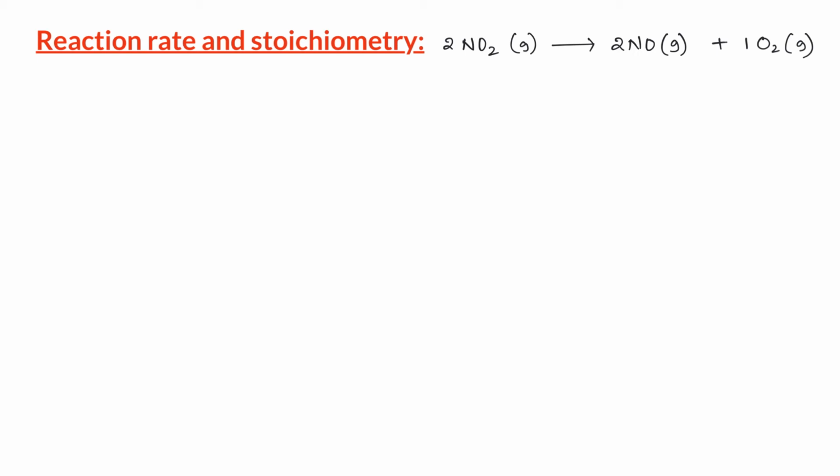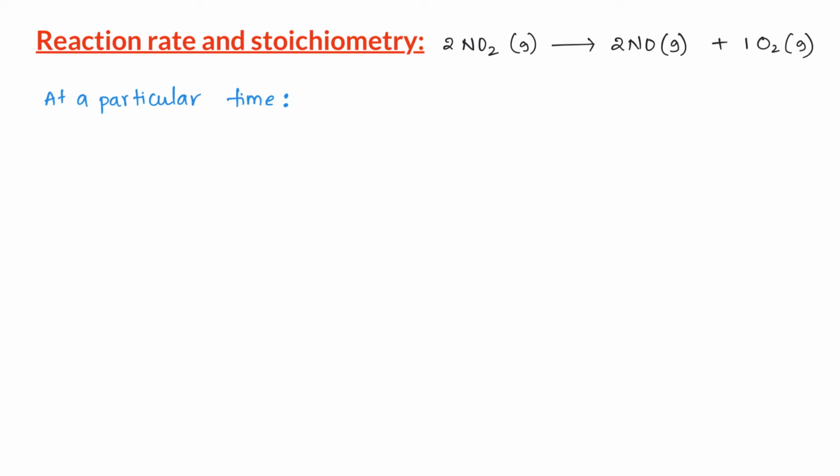According to the stoichiometry, for each 2 moles of NO2 consumed, we get 2 moles of NO and 1 mole of O2. So, at any particular moment in time, we can say that the rate of disappearance of NO2 should be the same as the rate of appearance of NO.